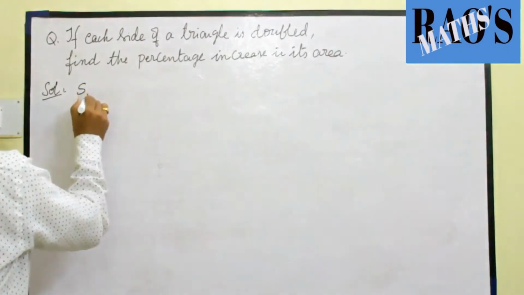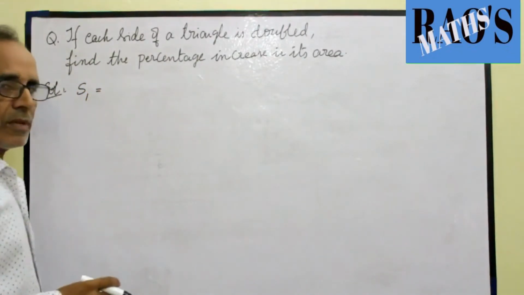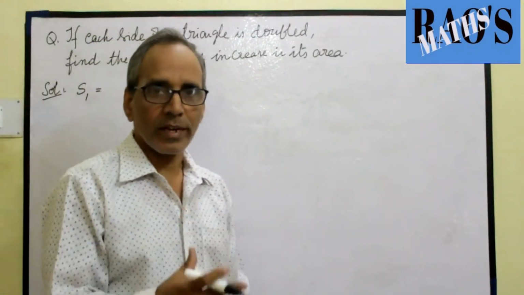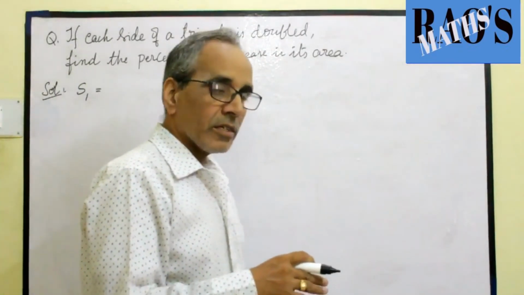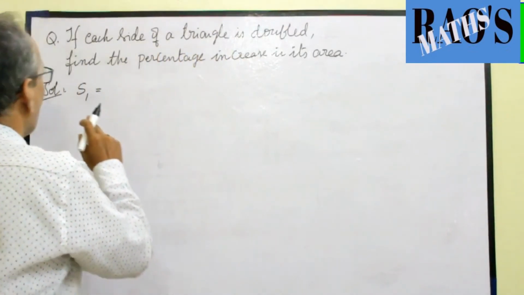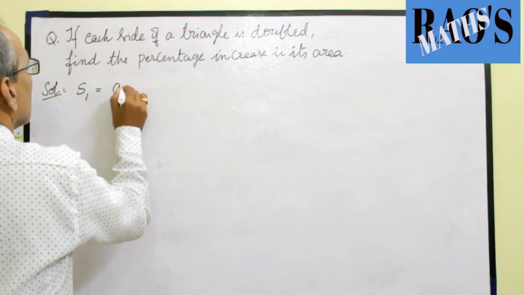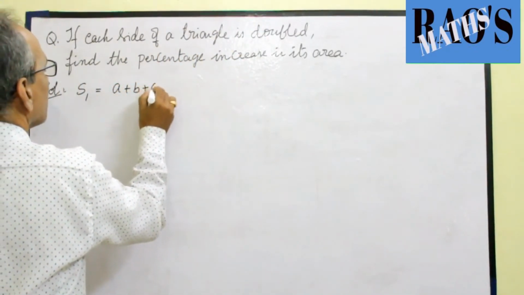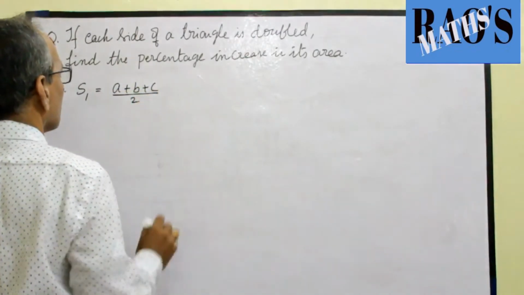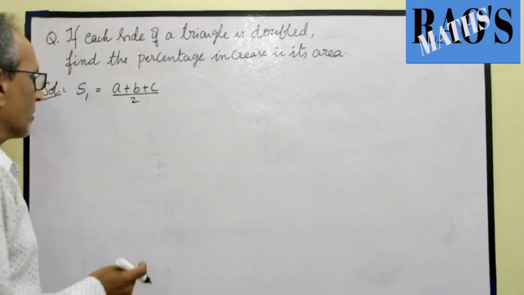S1 is the semi-perimeter of the first triangle before doubling the sides. S1 is equal to (A plus B plus C) by 2. It is already known.